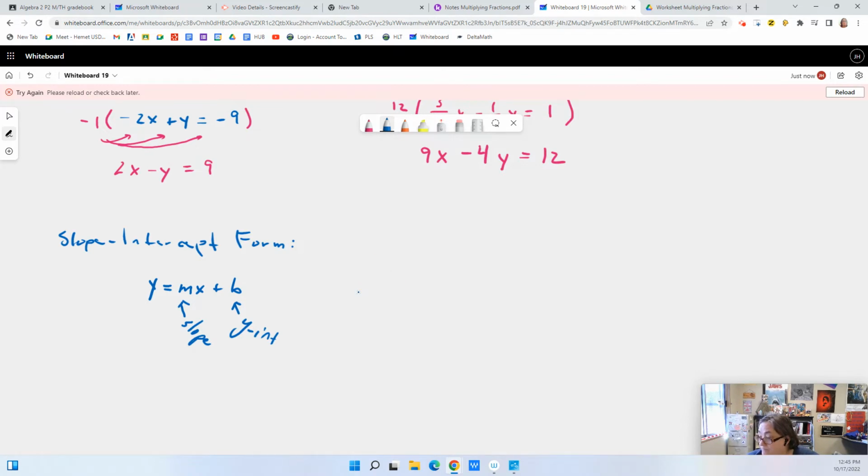Now, when we're talking about slopes, there are 4 different kinds of slopes, right? Here, I'm going to draw 4 graphs really quick so that you can see.